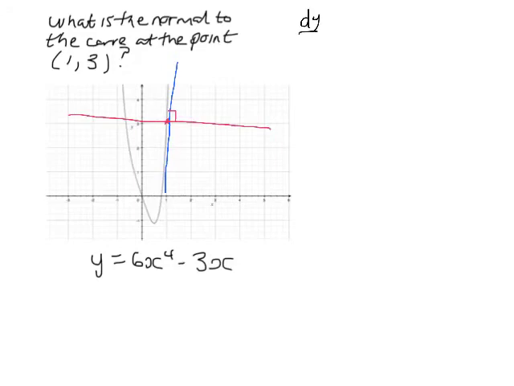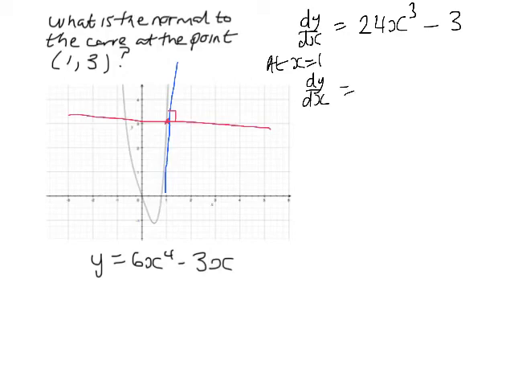First, we're going to differentiate to get our gradient function. So 6x to the 4 minus 3x differentiates to give us 24x to the power 3 minus 3. So when x is equal to 1, our gradient function is going to be equal to 24 minus 3, which is 21.